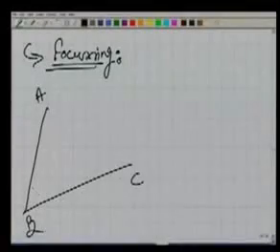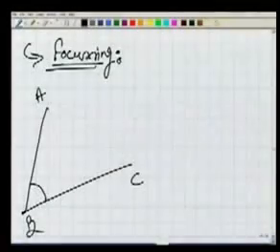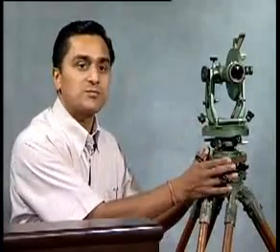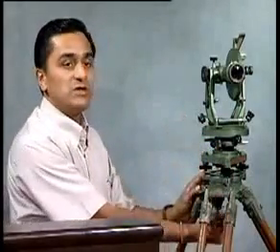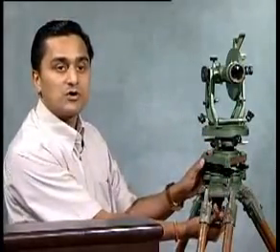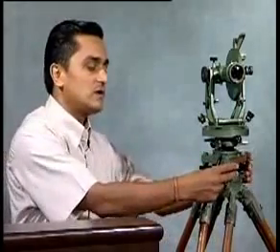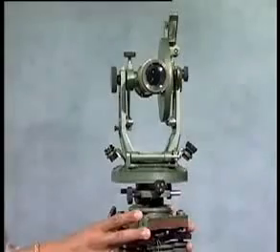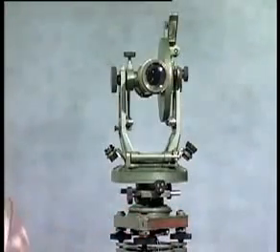Well, our problem was we wanted to measure angles A, B and C, and we arrived at this B. We kept our tripod, and after keeping our tripod we centered it, we leveled it approximately, then we put our theodolite on the tripod, we clamped the theodolite with the tripod, and then we leveled the theodolite, and then we centered the theodolite also using precise centering, using the centering head of the tripod.